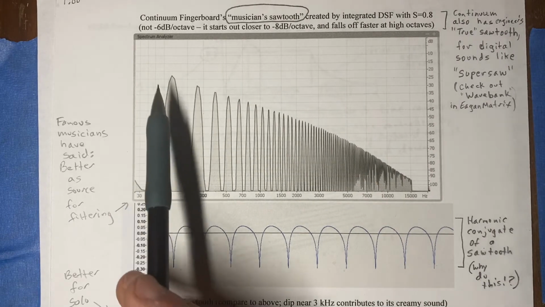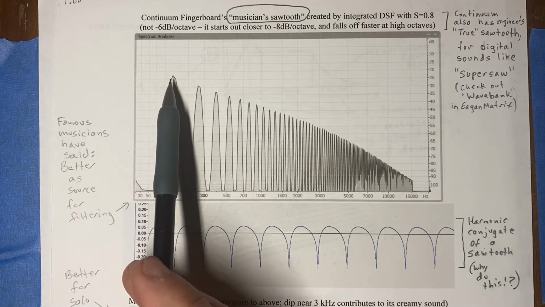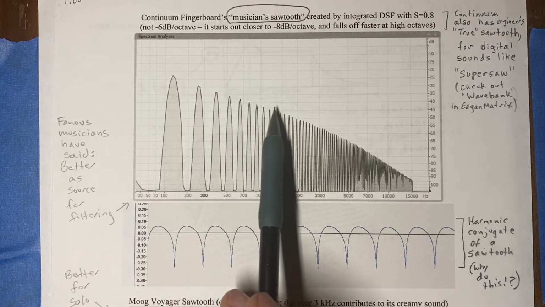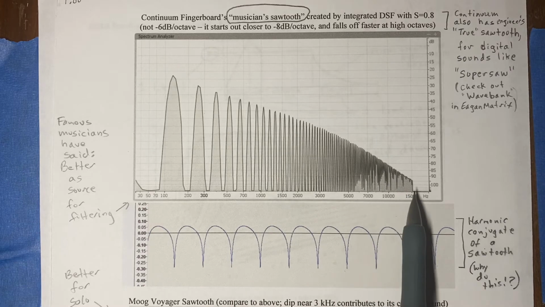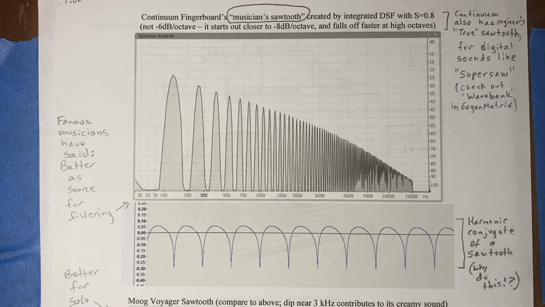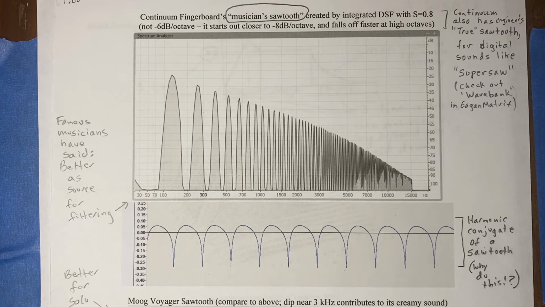The fundamental is here, and you see it's sort of 6 dB per octave, but then it drops off faster in higher frequencies. And that seems to be something that people like. So this is with S parameter 0.8 and integrated there in the Eagan matrix. They like this for an engineer sawtooth.